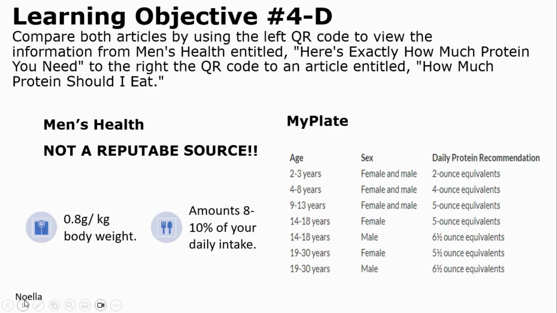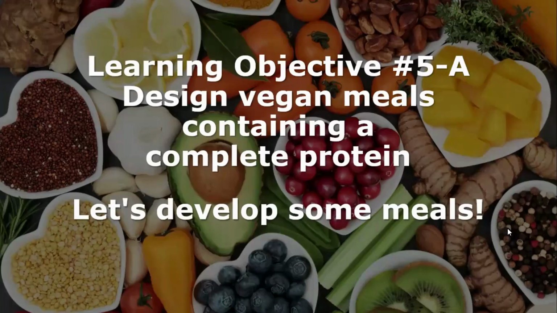That should not be a target. MyPlate, on the other hand, has broken down the protein requirement by age, sex, and has given the ideal target protein requirements. So let's go over the last learning objective, designing vegan meals that contain a complete protein. Let's develop some meals.